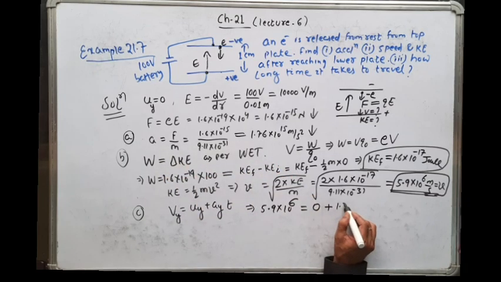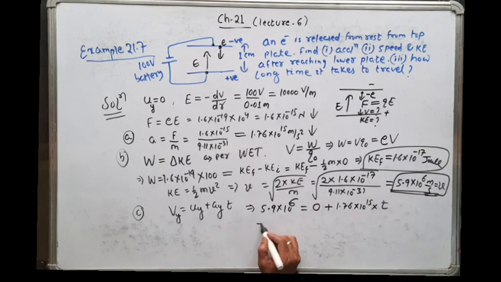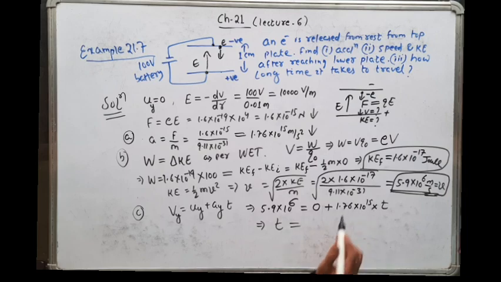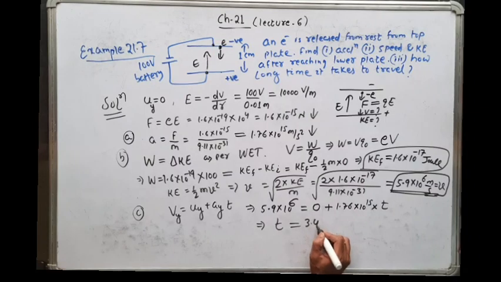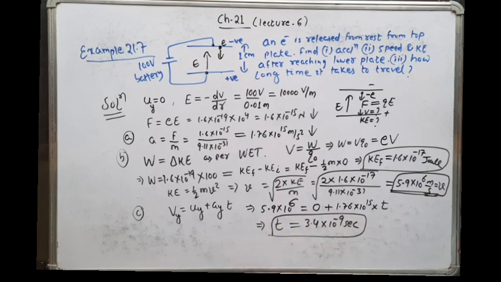We have already calculated 1.76 into 10 to the power 15, into time. So you can calculate the time from this. If you calculate the time, you will get 3.4 into 10 to the power minus 9 seconds. So this is the traveling time of the electron from the upper plate to the lower plate.